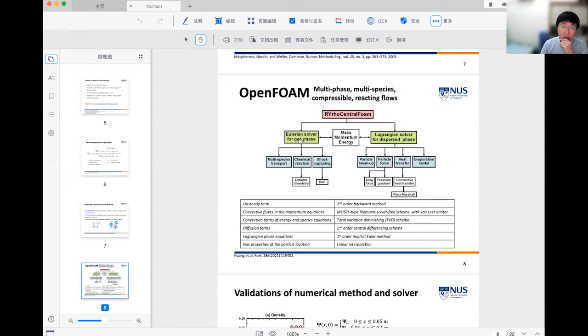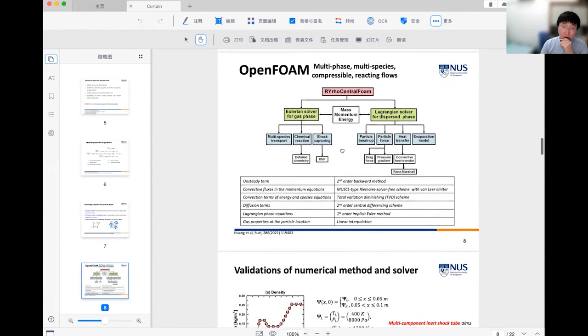It has two sub-solvers, an Eulerian solver for the gas phase and a Lagrangian solver for the dispersed phase. The Eulerian solver has three key blocks: multi-species transport, chemical reaction, and shock capturing. The Lagrangian solver in this simulation has two blocks, particle force and heat transfer, and they interact with each other by exchanging mass, momentum, and energy.